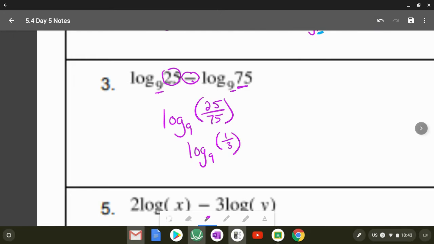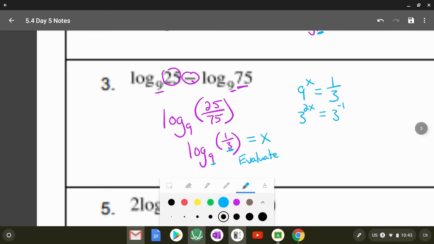And then for this one, it's not quite as simple because we can't change this inside to have the same base as our base of the log. So what we're going to do is actually evaluate our log, meaning we'll set it equal to x. And if we can, let's convert to exponential and see if we can solve. By doing that, 3 squared to the x equals 3 to the negative 1.